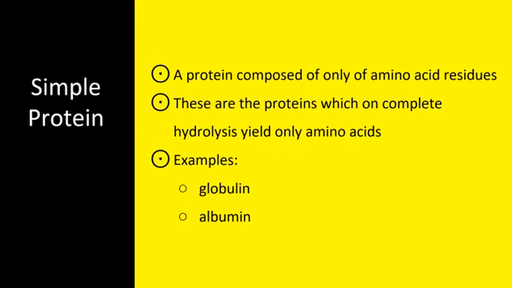After the process of hydrolysis, so the use of water from the term hydrolysis, we have covered this on our first discussion. So the product of this process is only amino acids. Examples of this type of protein are globulin and albumin.